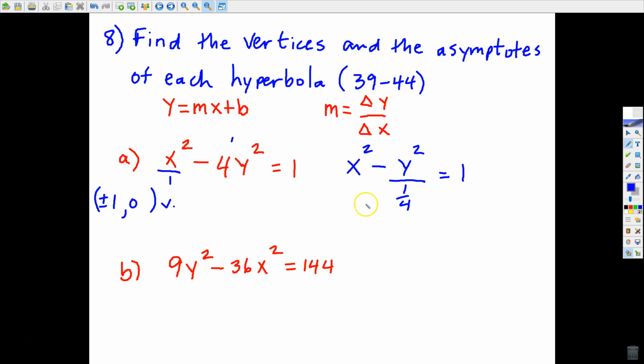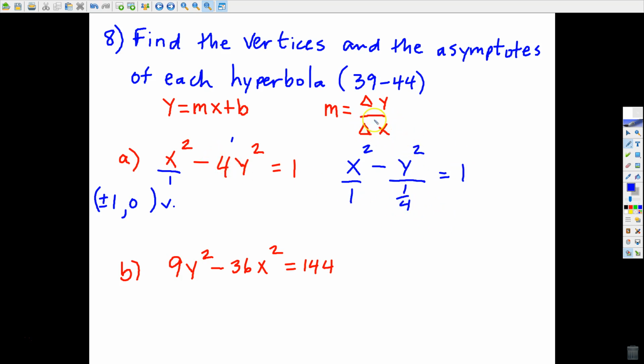Okay, so with that said, my a squared is still 1. Don't need to write it, but I'll go ahead and write it. A squared is 1, and b squared is 1/4. Okay, remember, dividing by 1/4 is like multiplying by 4.